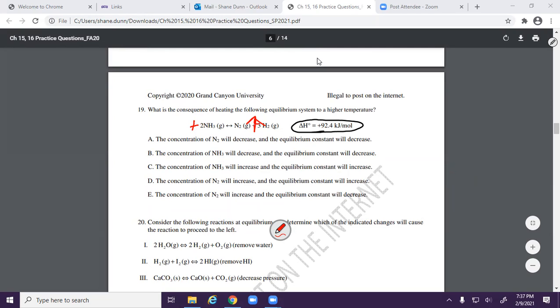So if the products get bigger, what should happen to the concentration of products? Go up or down? It should go up. You should be making more products, theoretically. That's a product, right? So it will decrease. That's a no-no. That's a reactant. That will decrease. That's true. It's not entirely wrong.